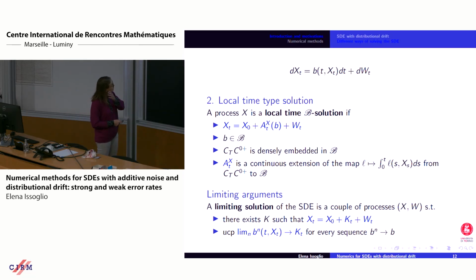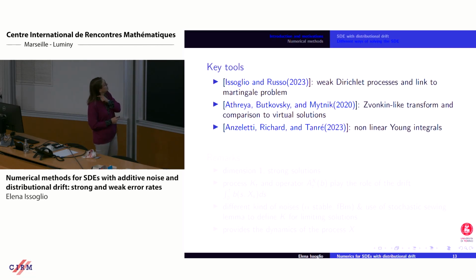The good thing about this is that it doesn't rely on PDEs, and so you can use this for fractional Brownian motion. And this was, well, we used it with Francesco in the case of Brownian motion, and described the process as a weak-Dirichlet process.